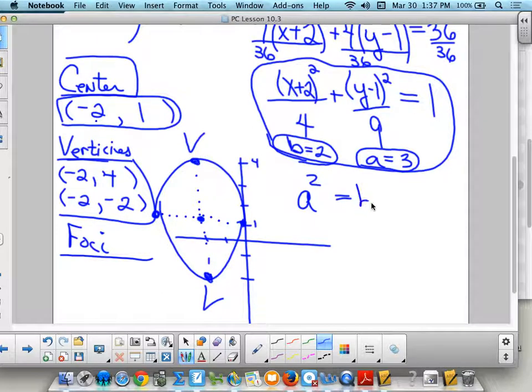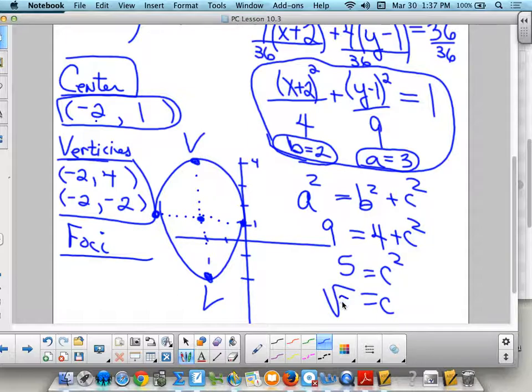A squared equals B squared plus C squared, where A squared is 9 and B squared is 4. And just solve it. C squared equals 5, or C equals square root of 5, right? Okay, so where am I going to go to get my foci? How far up? How far down?